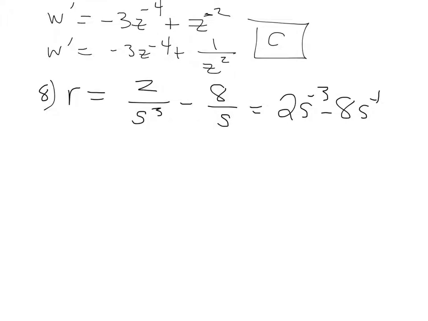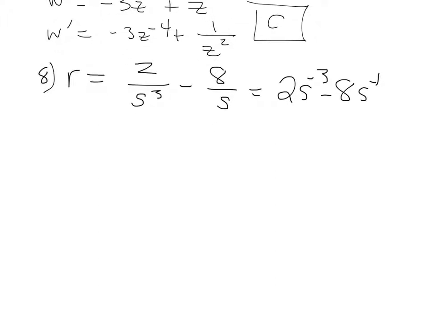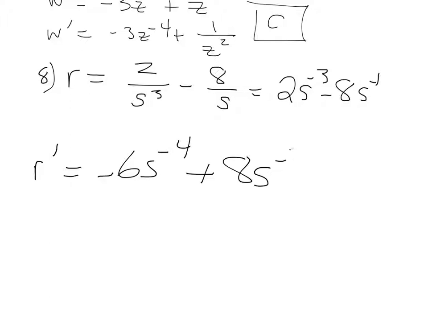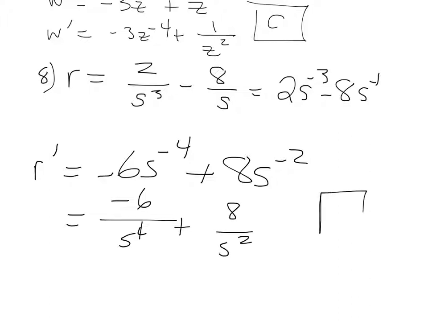Some of you probably can still look at these if you've had this in high school, but we're slowing down. So what's this derivative? Negative 6s to the negative 4 plus 8. Okay, and in your quiz it's written like this, bringing the powers back down. 8 over s squared, which is B.